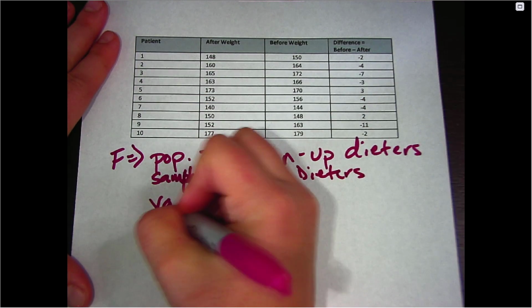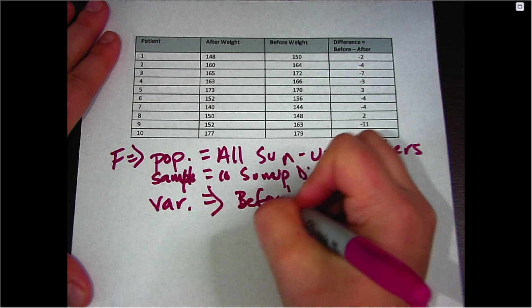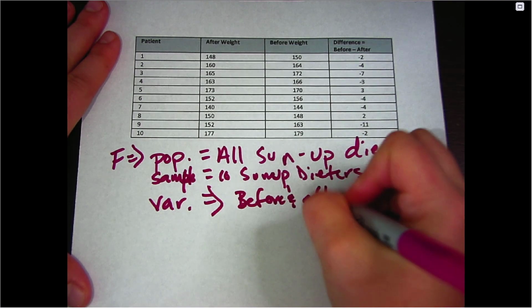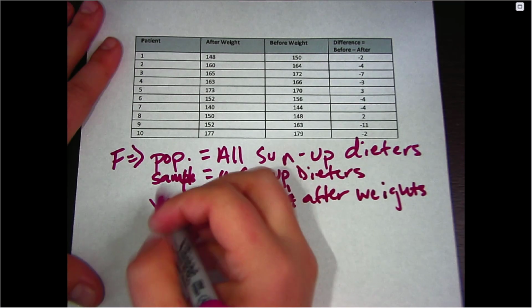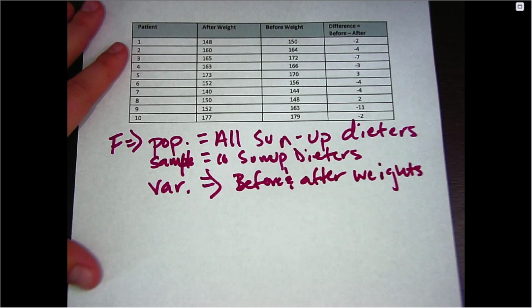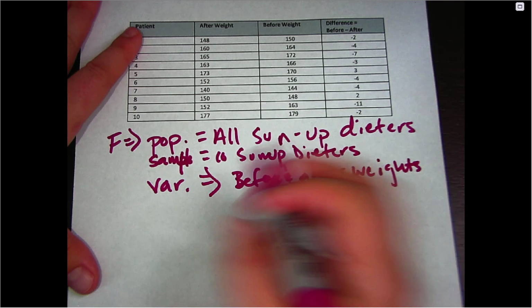Our variables are going to be before and after weights. And we know that this is repeated measurements because it's taken on the same person across time.